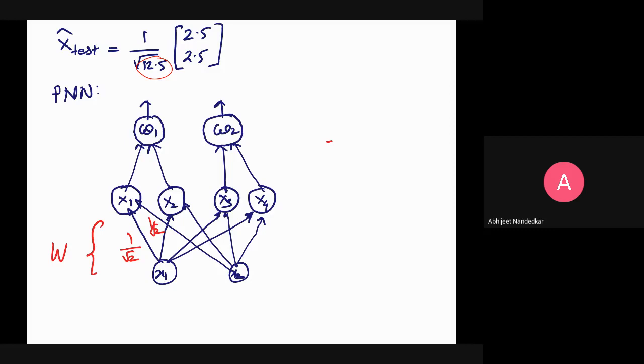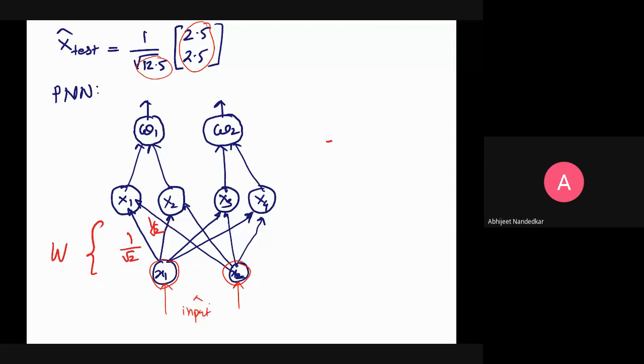Now you see, this is the diagram. So there are 2 dimensions here. So all the patterns x1, x2, x3, x4 and x test are all 2-dimensional. So we will create 2 nodes here called x1 and x2. So you will connect your input here.